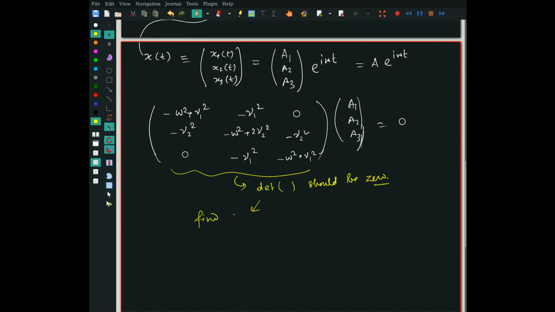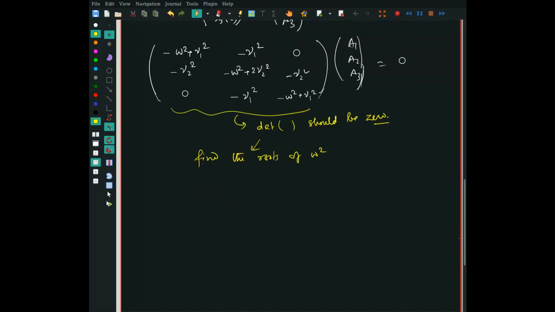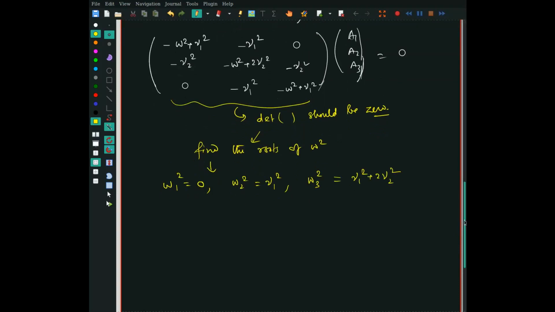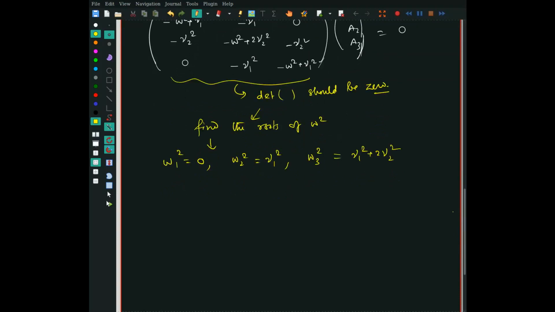So find the roots of omega square, and if you do it, you will find omega 1 square equals 0, omega 2 square equals nu 1 square, and omega 3 square equals nu 1 square plus 2 nu 2 square. Okay. So these are the three normal frequencies that you have for the modes of oscillation. I call these my normal frequencies.